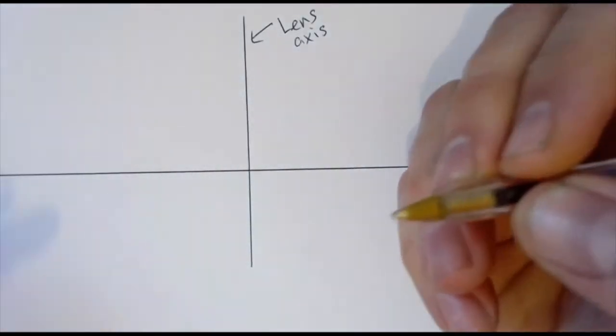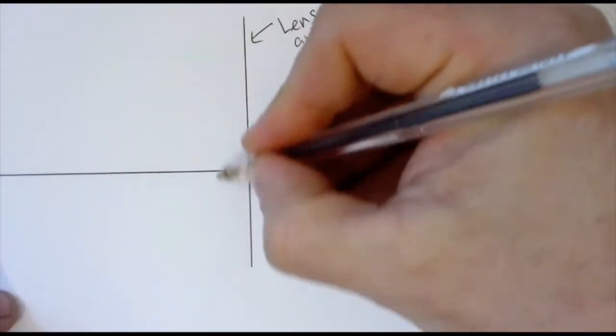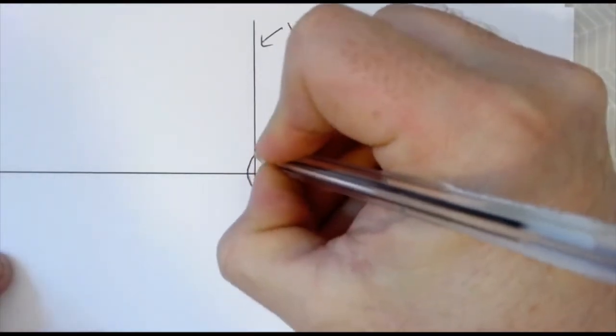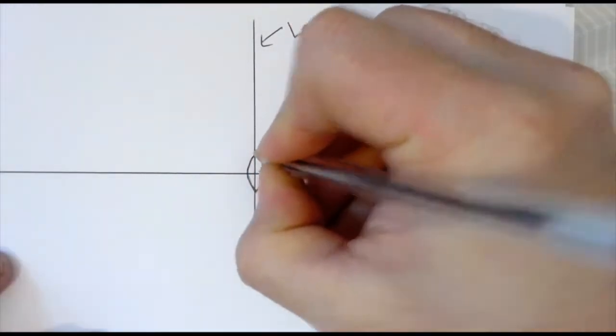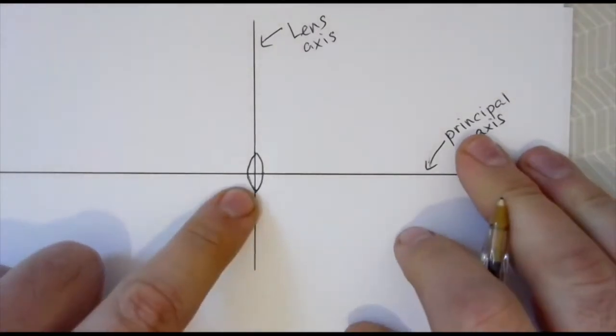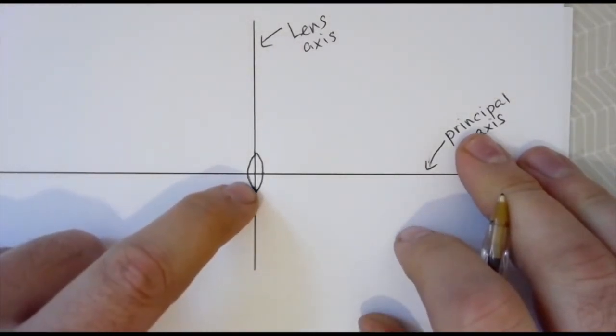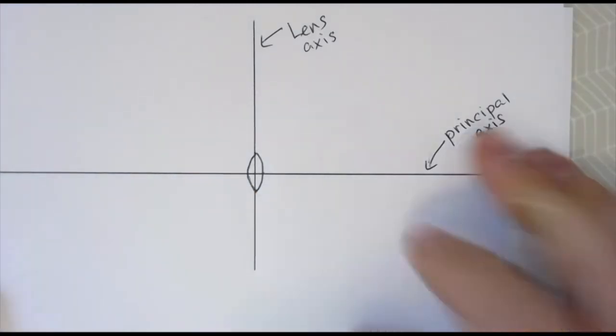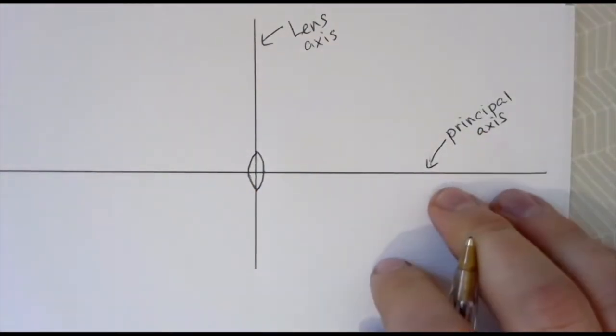To show that we're drawing a converging lens, I don't need to draw the whole side view of the lens. All I need to do is draw something that looks a little bit like that in the middle, and that tells us that it's a convex converging lens. I'm also going to mark up the focal length of my lens.